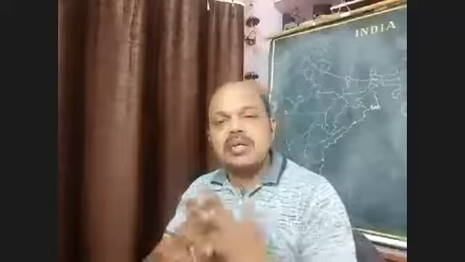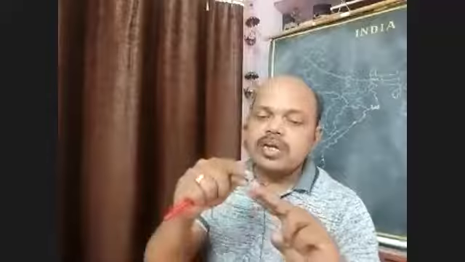And immediately after 1757, what happened? 1857, the great revolt of India, or some Indian historians used to say the first war of independence. That we'll discuss later on, because in the medieval period we will discuss. Now 1857 is another landmark, 1757 to 1857. These are the 100 years that the East India Company ruled.